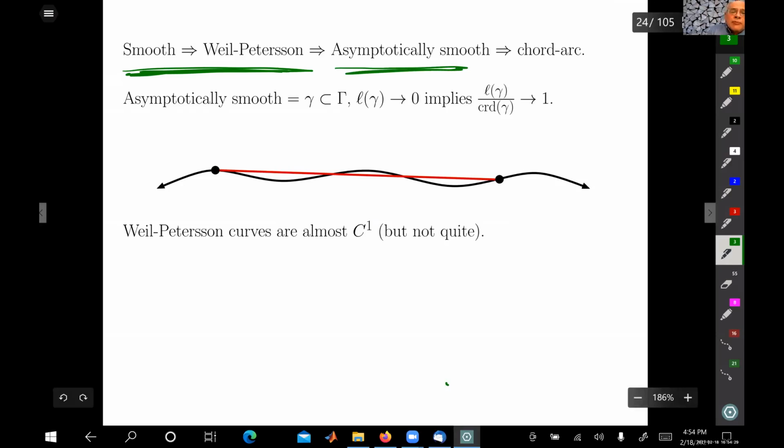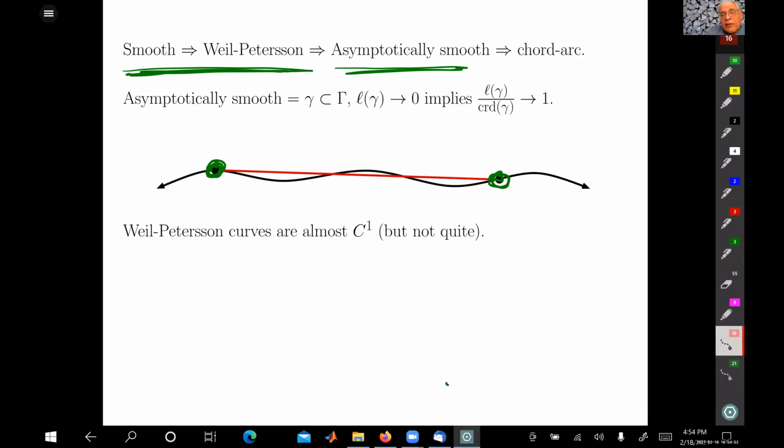What asymptotically smooth means is that if you take 2 points and compare the straight line between them, the chord, with the arc length between them, that ratio tends to 1. Remember that chord-arc meant this ratio was bounded, that the arc connecting them was no worse than 100 times the chord length. Asymptotically smooth means the constant tends to 1 as you get smaller and smaller.